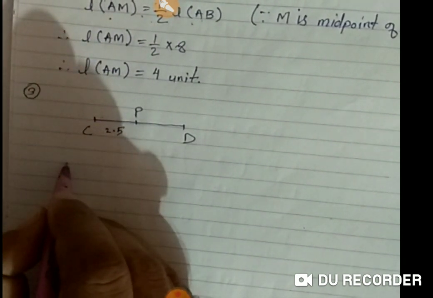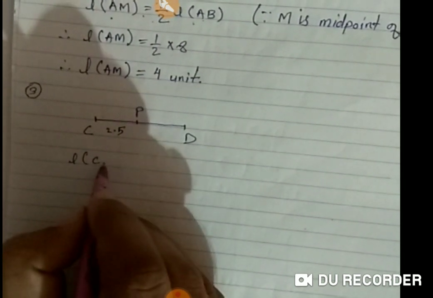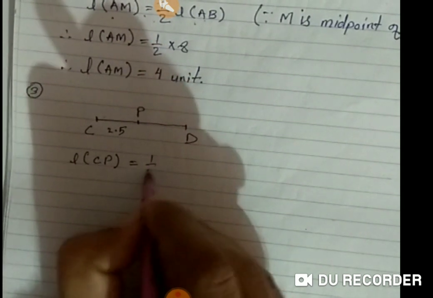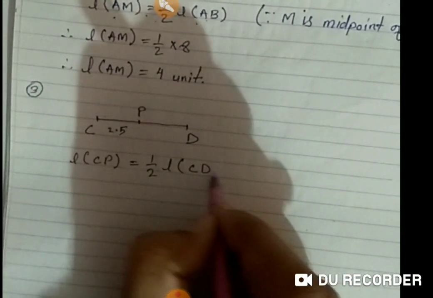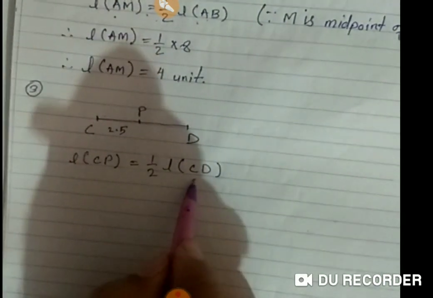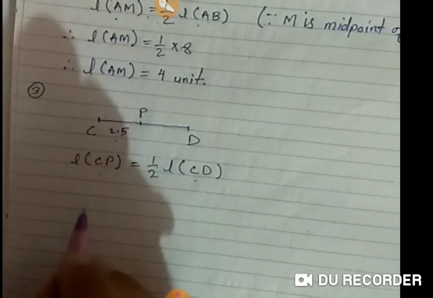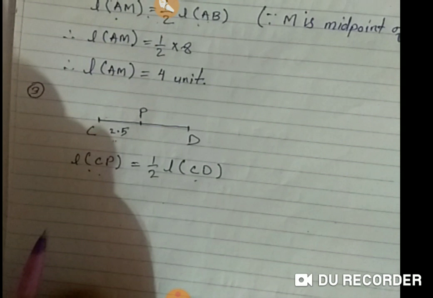So here I can say length of CP is half of length of CD. CD we need to calculate. CP is already given. Length of CP is 2.5. So here instead of CP I can write 2.5.